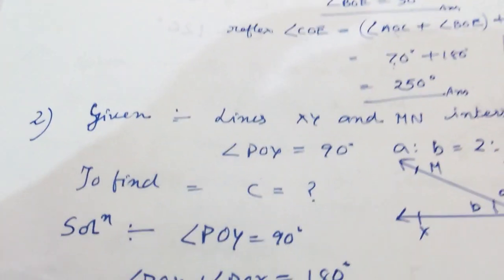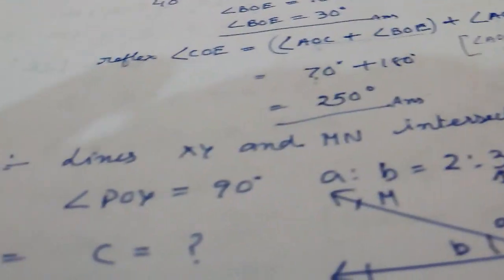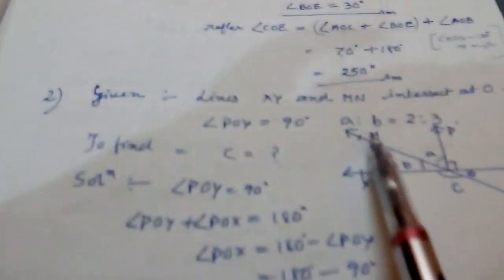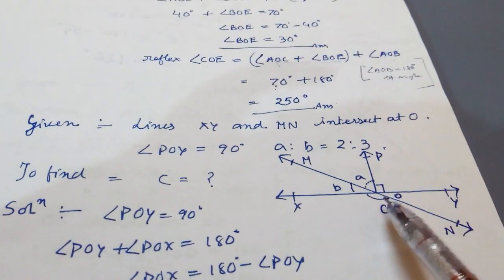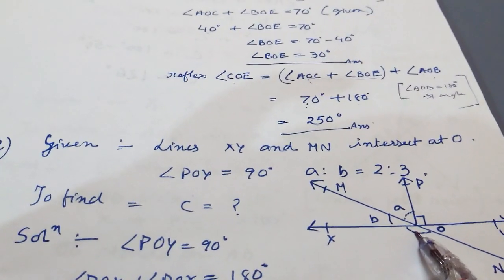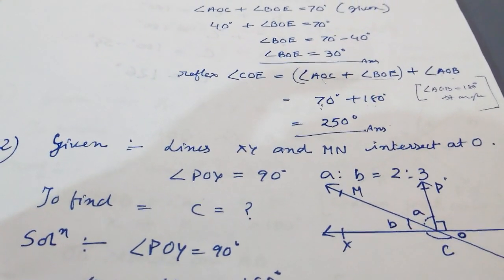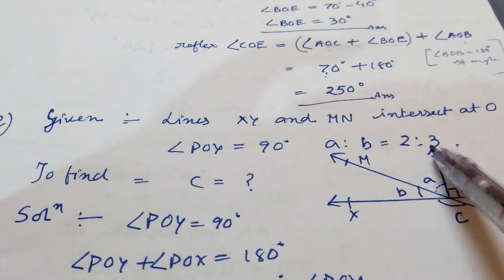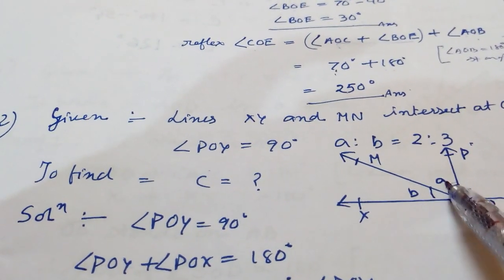Next question. Given that lines XY and MN intersect at O. This line MN and this line XY intersect at O. Again, given that POY is equal to 90 degrees and that the ratio of a, meaning POM, and b, MOX, is a is to b.